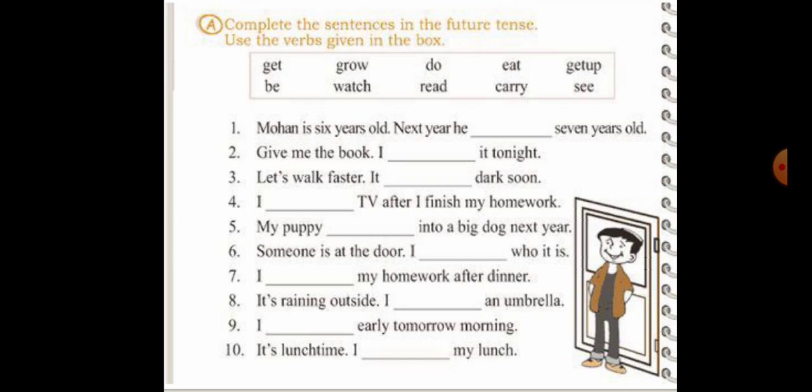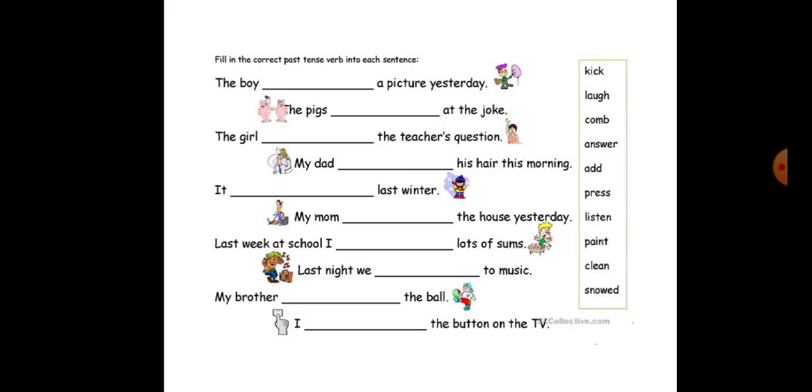You have to fill in the gaps using the verbs given in the box. Then fill in the correct past tense verb into a sentence. You will see the verbs given in the box and you have to write the verb correctly in the blanks. Past tense, in past tense.